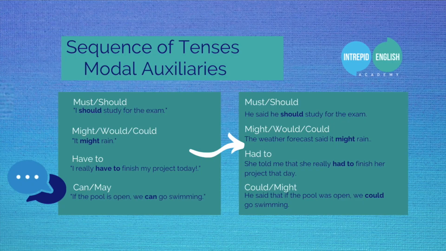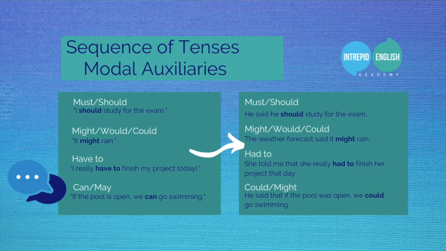Now, we had a little bit of a look at auxiliaries earlier when we were talking about perfect and perfect continuous tenses. And now we'll focus on some modal auxiliaries. So words like must, should, could, would, might, have to.